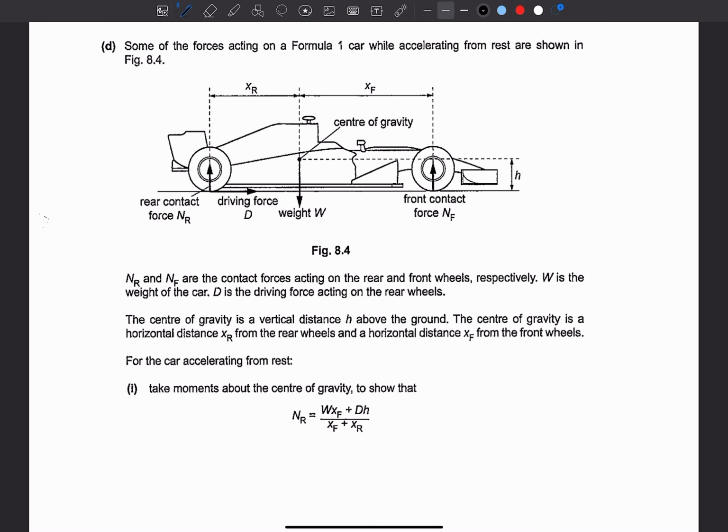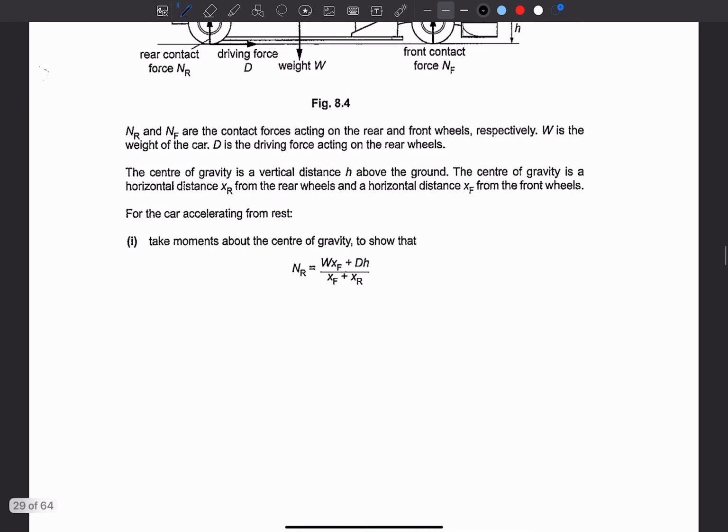Nice. Alright, part D. They want us to show that this formula is true. So by taking moments about the center of gravity, start off with saying that the sum of clockwise moments about the center of gravity is equal to the sum of anti-clockwise moments about the center of gravity.